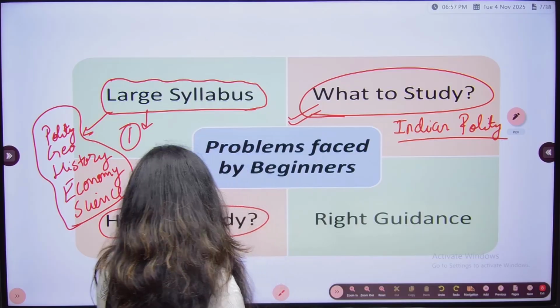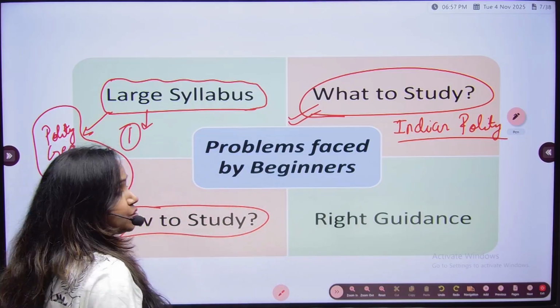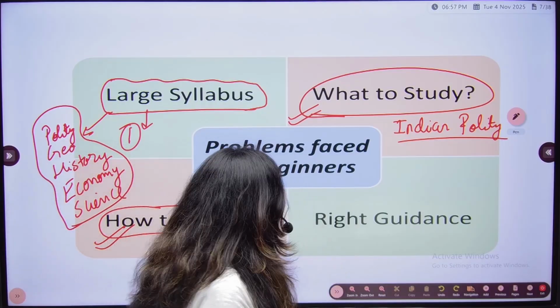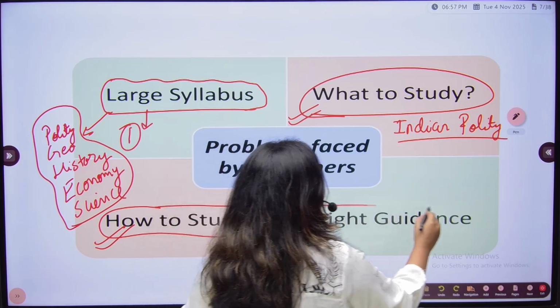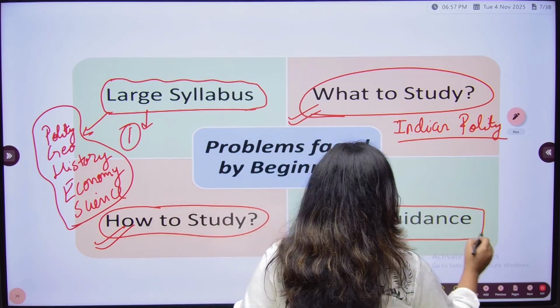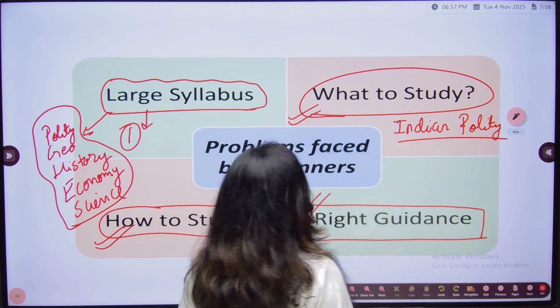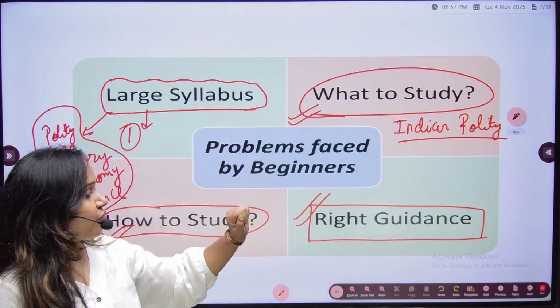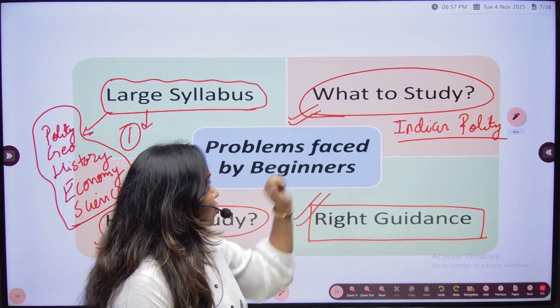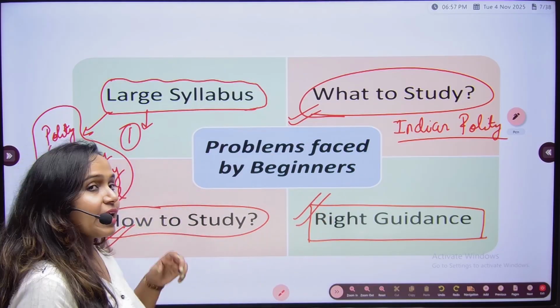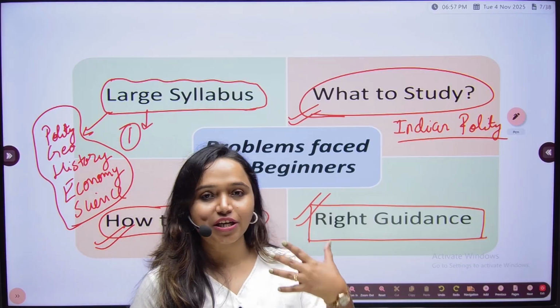Because of that, knowing how to study is very important, which takes you to the importance of the right guidance. This problem can be solved only with the right guidance. What to study and how to study can only be solved when you have that guidance.